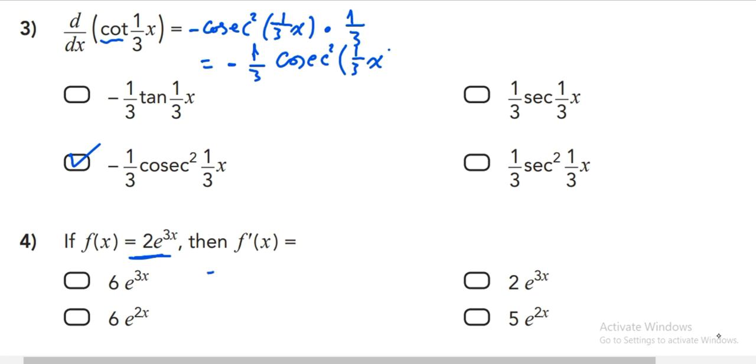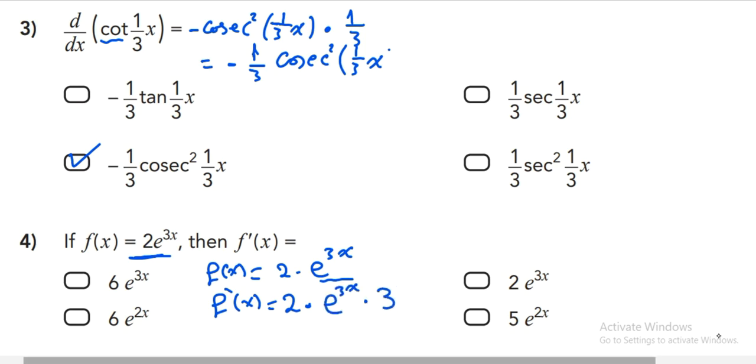So f dash of x equals: the 2 multiplied will be written the same, we will differentiate this part, we write the same function multiplied by the differentiation of the power. By modifying the form, multiply 2 by 3 equals 6e to the power of 3x. This is the choice.